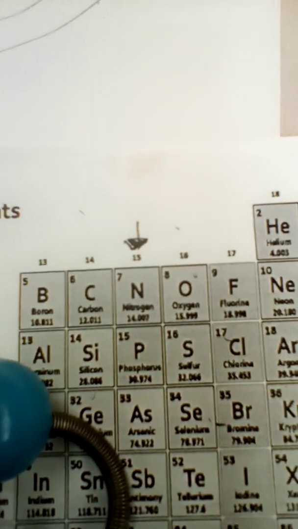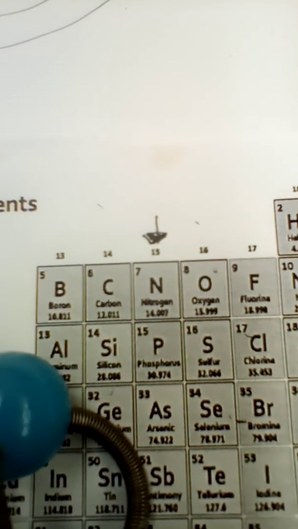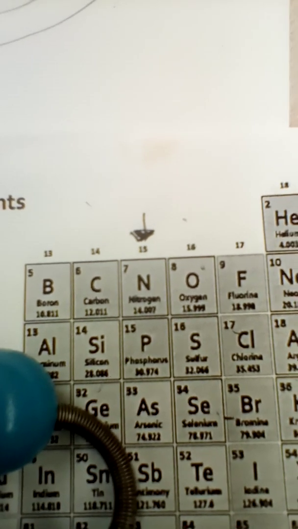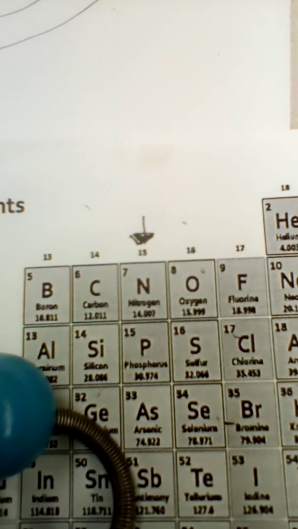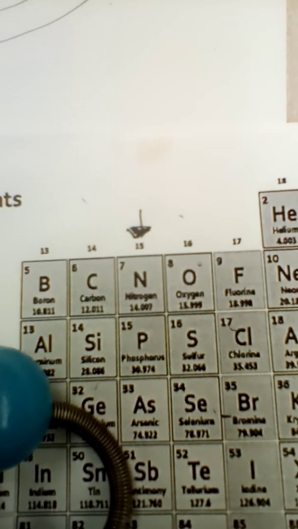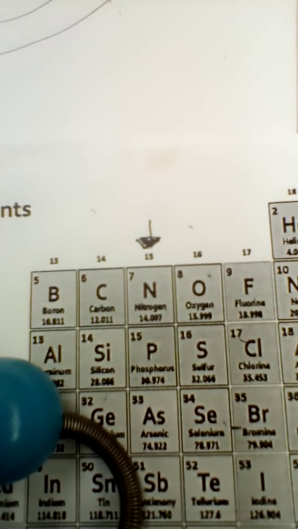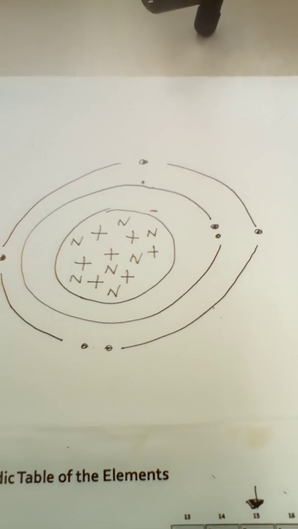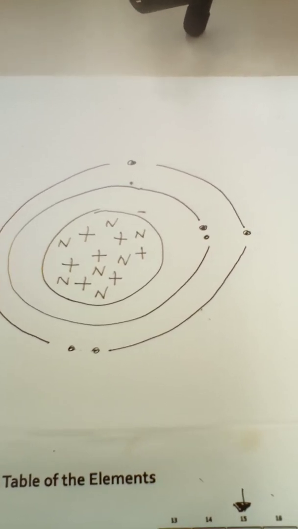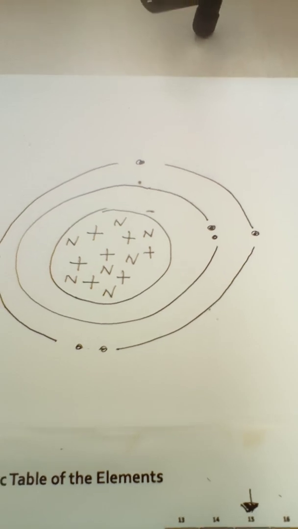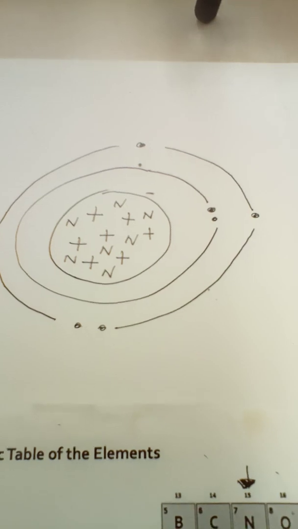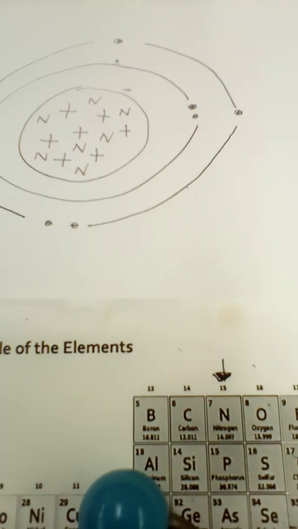Period 2, group 5, atomic number 7, atomic mass 14. 7 protons, 7 neutrons, and 7 electrons in our Bohr model. 2 shells, 2 electrons in the first shell, and 5 in the outer shell. 7 positive charges, protons, in the nucleus, and 7 neutral charges in the nucleus, known as neutrons.